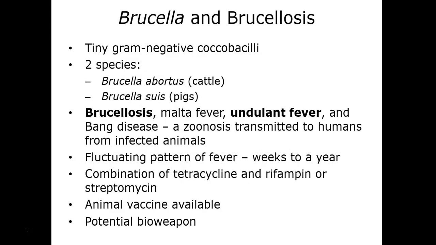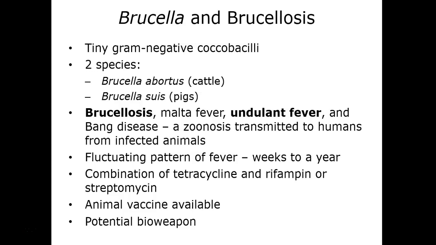Now we're going to get into talking about Brucella. And this causes a disease known as brucellosis. There are two different species, Brucella abortus and Brucella suis, which impact cattle and pigs respectively. Brucellosis has two other names, either Bang's disease or undulant fever.